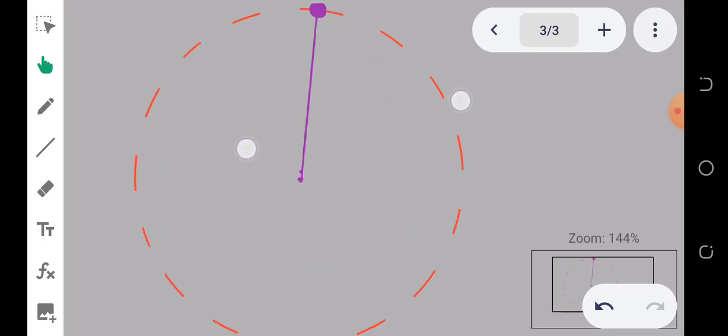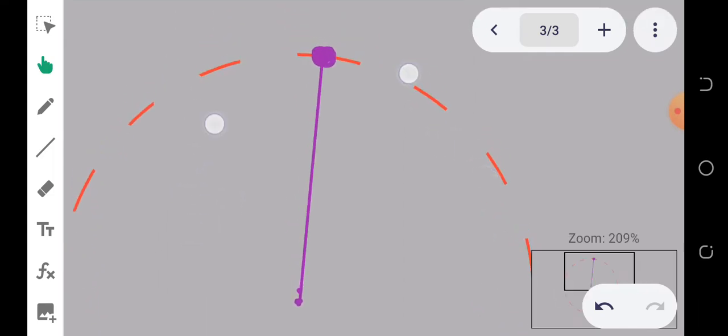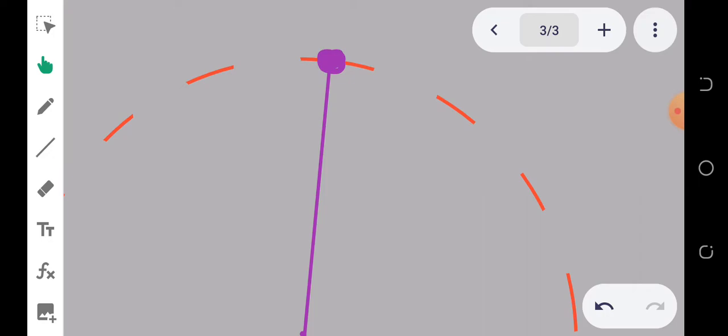But when we look at the directions here, the gravitational force will be acting downwards, since the acceleration is downwards.